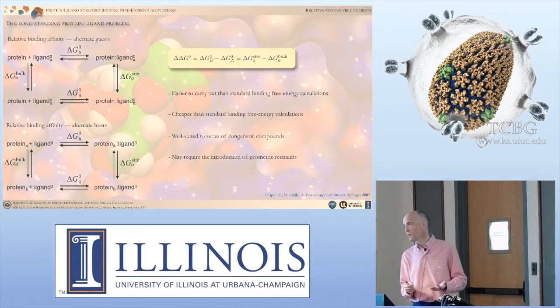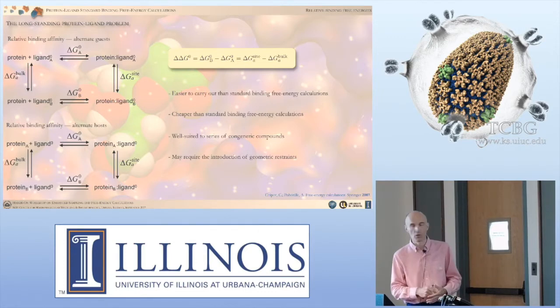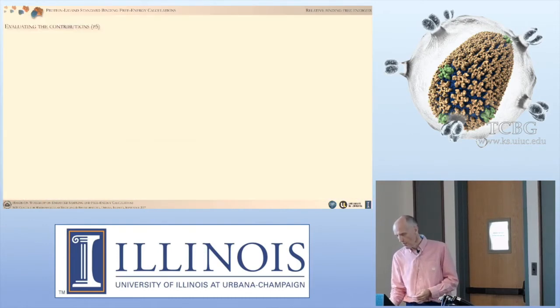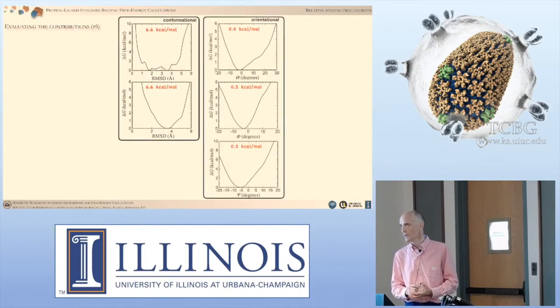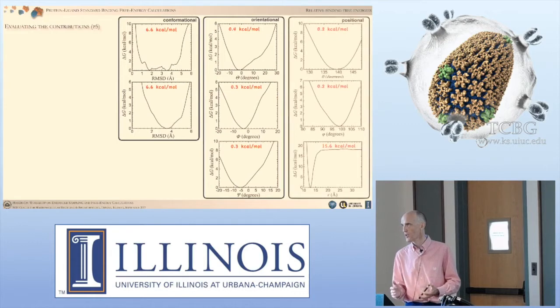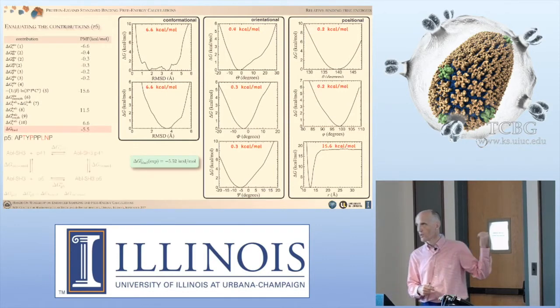It may require some geometric restraints in certain cases, especially when you have weak binders. But it doesn't always work, depending on the nature of the change between the two ligands. I just want to illustrate here. So what you saw before was P41.